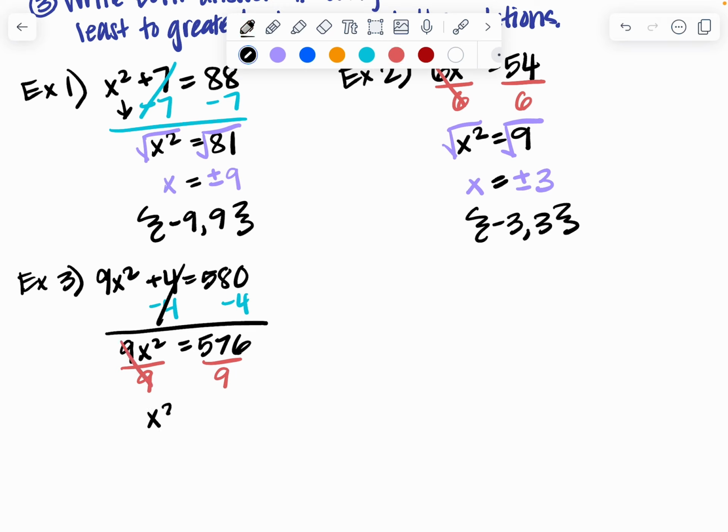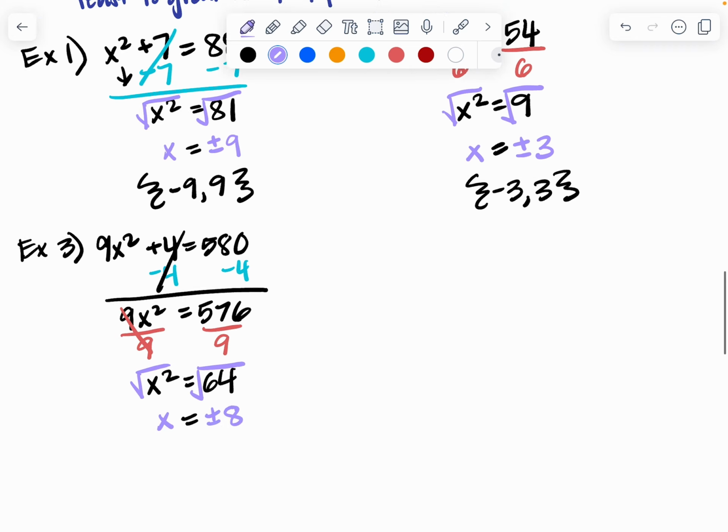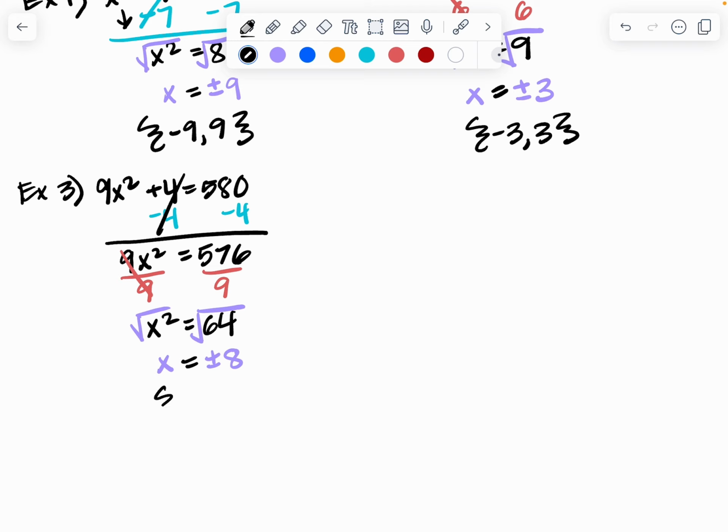So now x squared equals 64. Take the square root of both sides. x equals, the square root of 64 is positive and negative 8. So x equals negative 8, x equals positive 8.